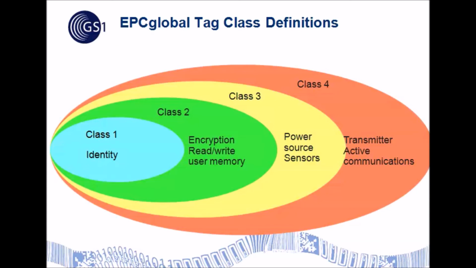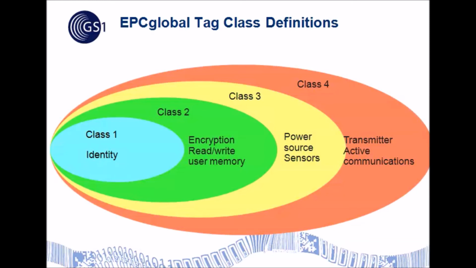The last one is the Class 4 RFID tag, which will be the active RFID tag. An active RFID tag will have the power resource, not only provide the power to the sensor, but also provide the power to the tags.